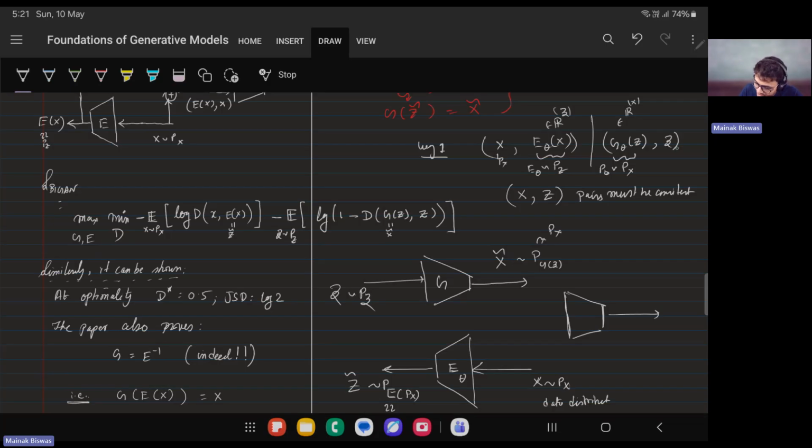So we have real values of X, right? And what will I pair this with?